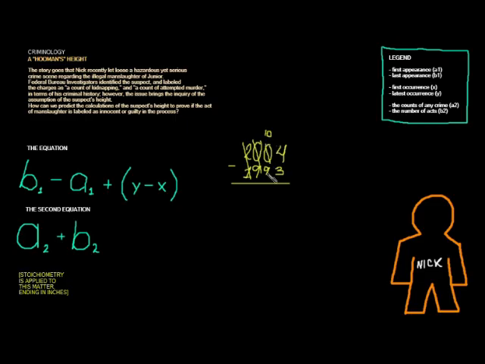So 10 minus 9 is obviously going to be 1. So that is going to be for that one. Now for 4 minus 3, we're going to get the same thing. So that's going to be 11 for the whole thing. But are we done yet? Oh no, we're not.